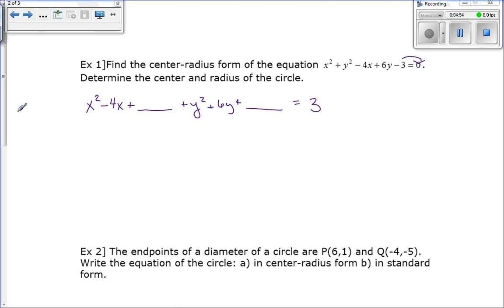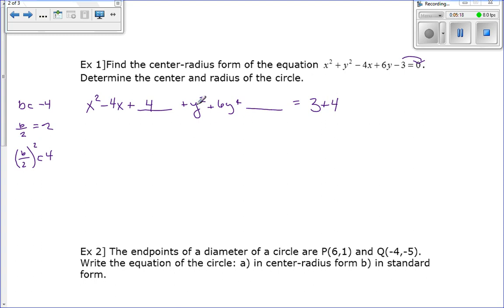Now we're going to do completing the square. For x, my b value is negative 4. Half of b is negative 2. Half of b squared is positive 4. So I'm going to add 4 here, but I must also add 4 to the other side of the equation.